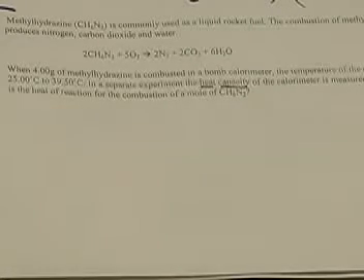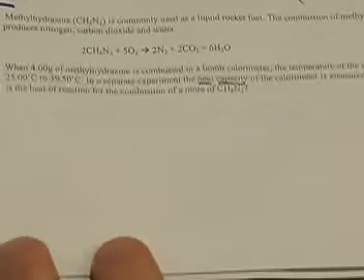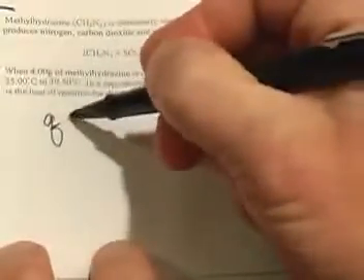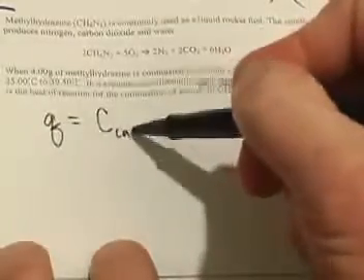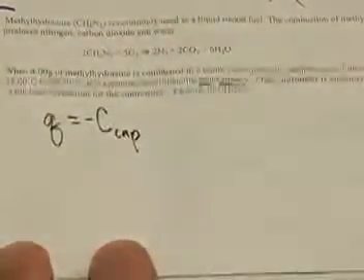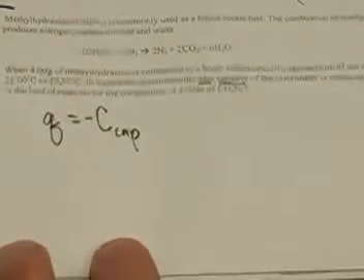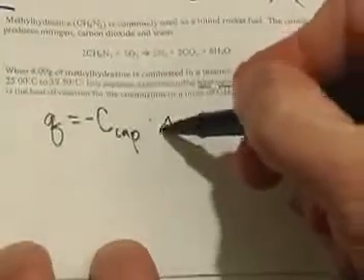Well, the equation for a bomb calorimeter is a little bit different from the coffee cup calorimeter equation, and yet it's still similar, where we can say that Q of the reaction is equal to the heat capacity of the calorimeter, and we put a negative sign in front of that because it's the heat that's given off by the substance to the water inside of the calorimeter, times the change in temperature.